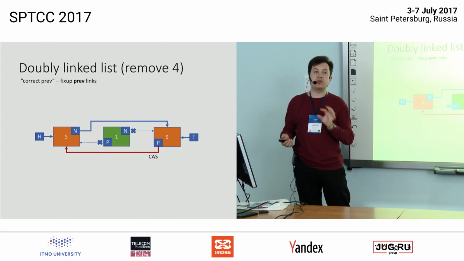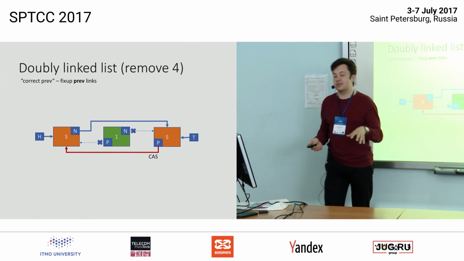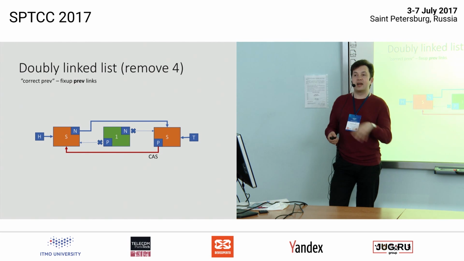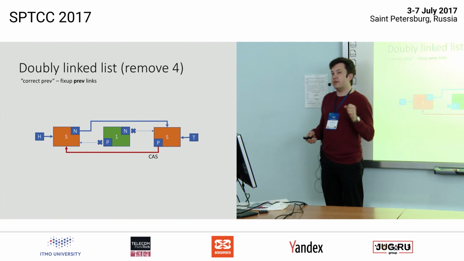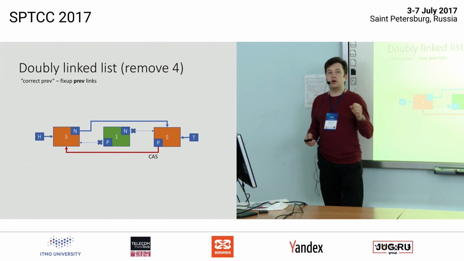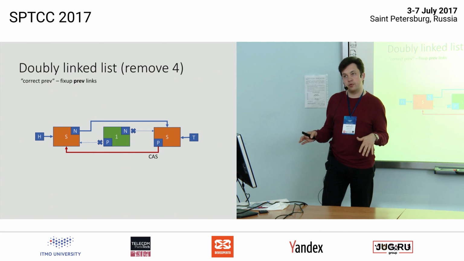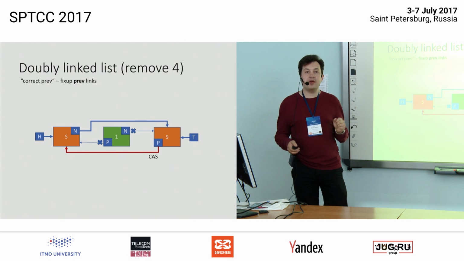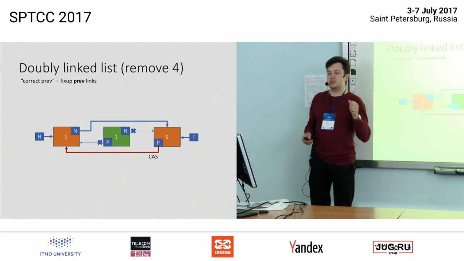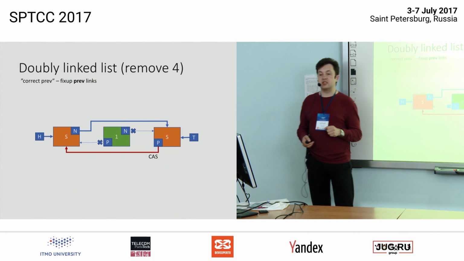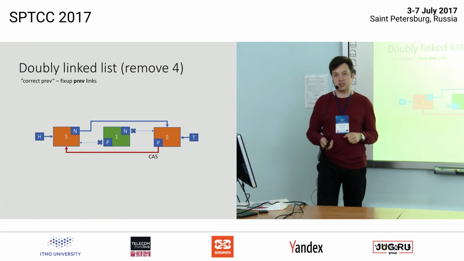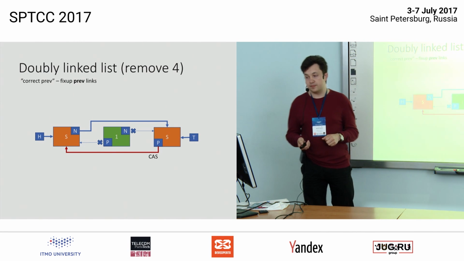This is the most complex part of the Sundell-Tsigas algorithm, how this helping works. Fortunately, we don't have to really understand how the helping scheme works in order to use this algorithm in the larger scheme of things. All we really care about is where the operation takes effect, and in particular removal takes effect at the moment where it's marked.